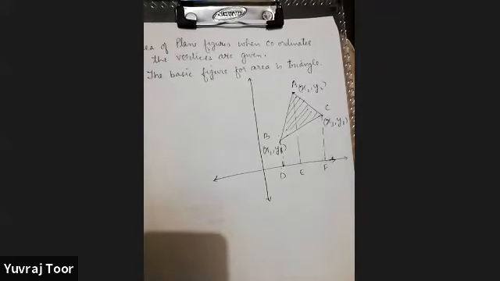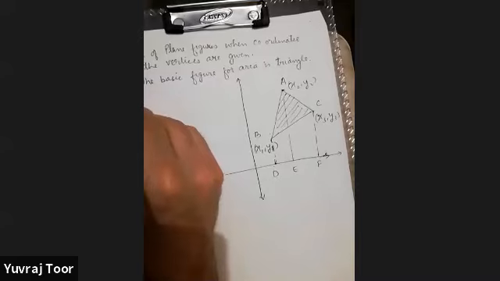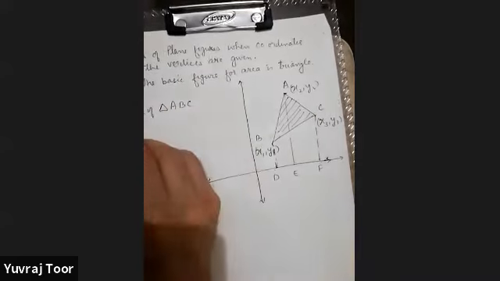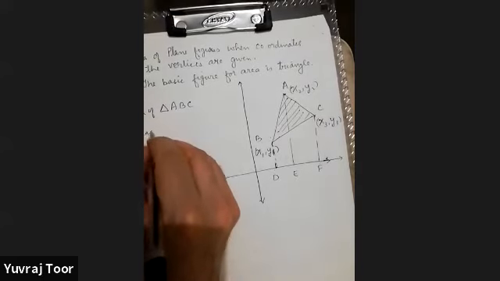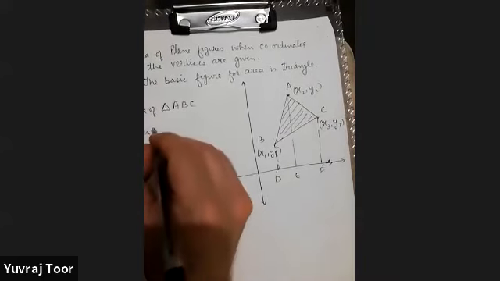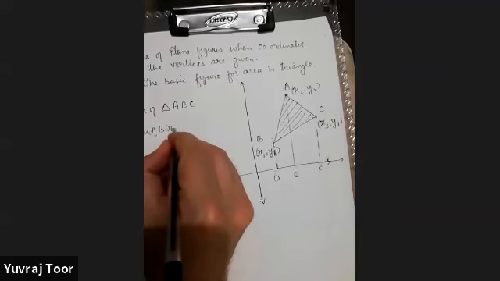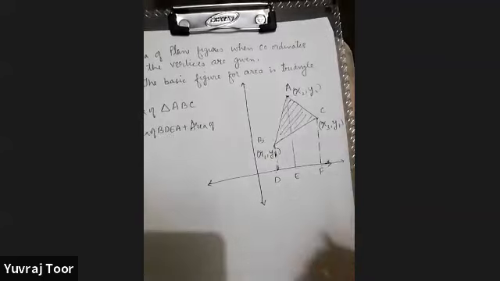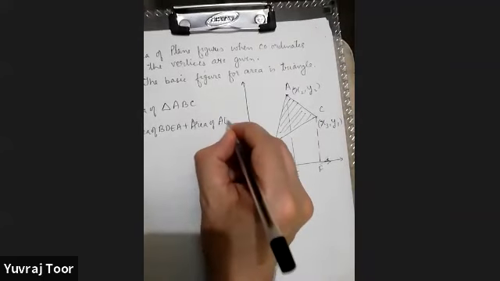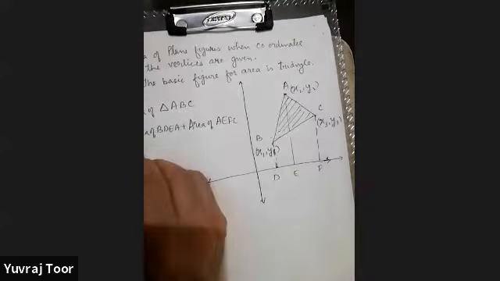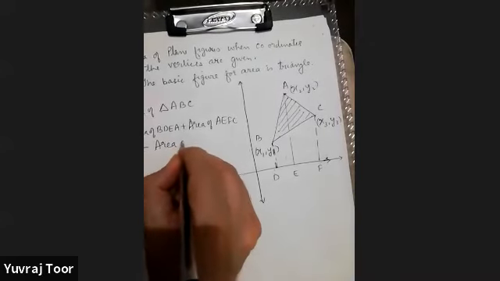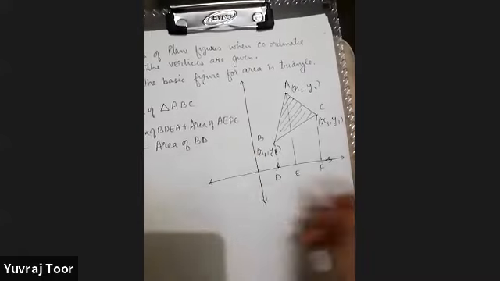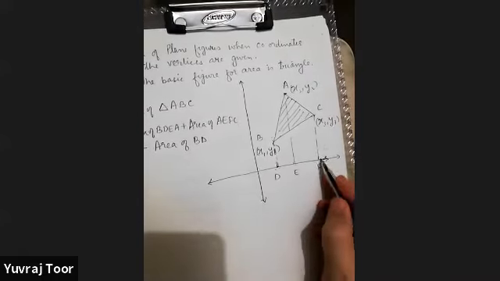So to find the area of triangle ABC, we are using the area of BDEA plus the area of AEFC minus the area of BDFC.